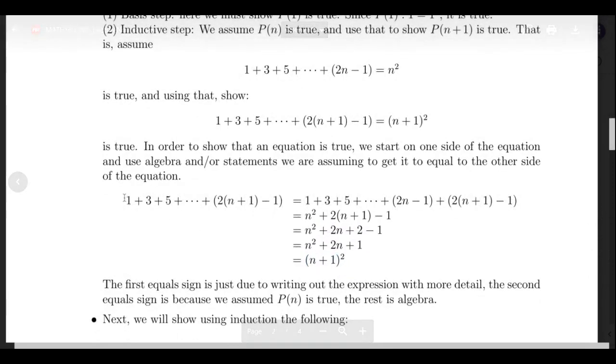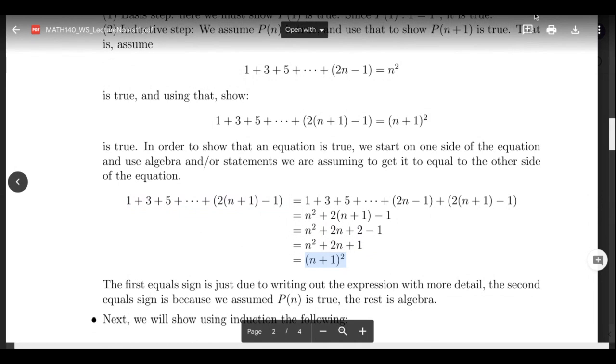So this is the proof. This is to say, add the first n plus 1 odd natural numbers. That is n plus 1 squared. And that's it. That's the whole proof. That's just the method of induction.